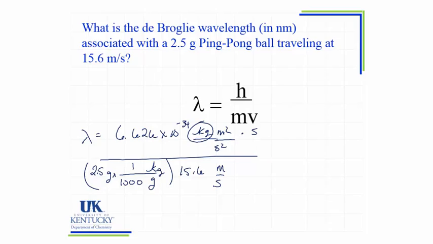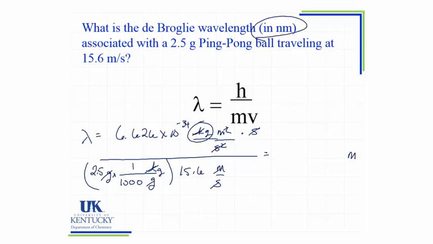So now let's have our units canceling here. The grams are certainly canceling. The kilograms are canceling. One of these seconds is canceling one of these seconds, and this second is canceling this one, and this meter is canceling with one of those, so we're left with meters. Now it's asking for it in nanometers. We'll worry about that later.